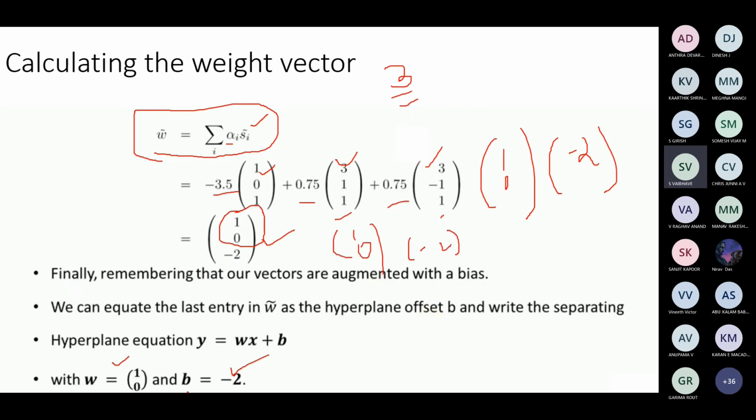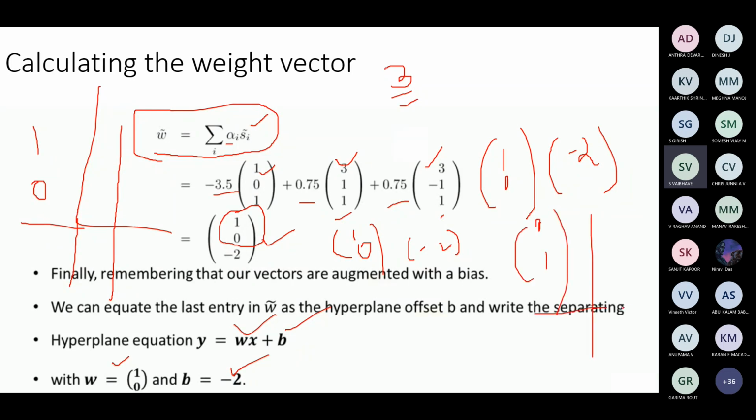Now the equation of the hyperplane is Wx plus b. Now the weights are 1 and 0. Kindly remember, if I get the weight 1, 0, I will draw a parallel line with respect to the y-axis. But if I get 0, 1, I will draw a parallel line with respect to the x-axis.